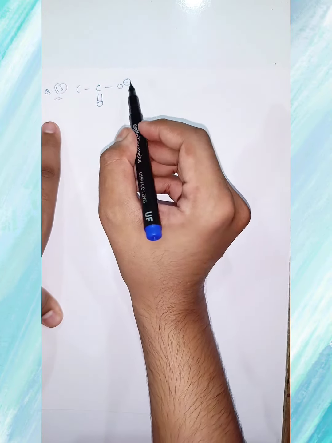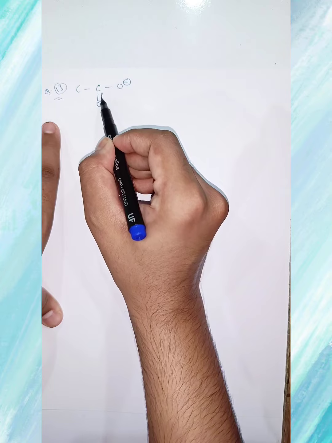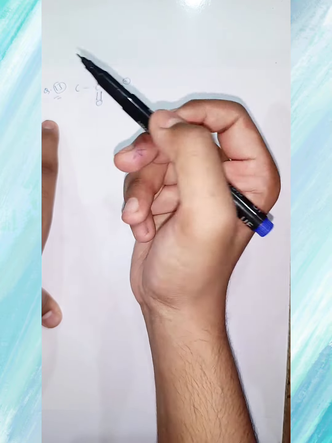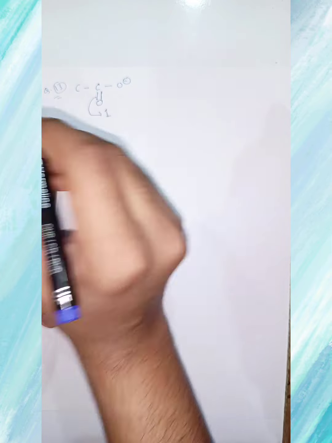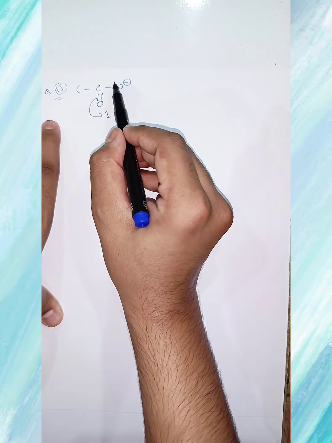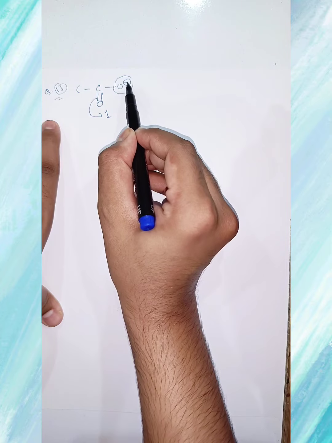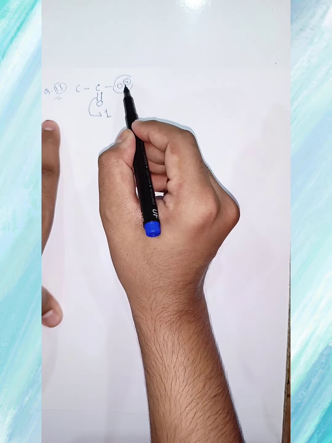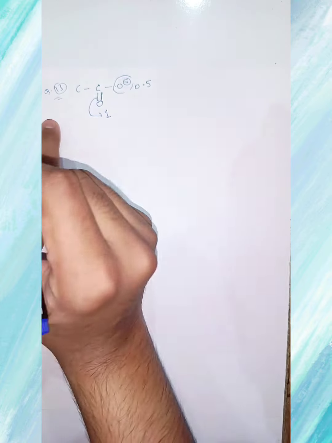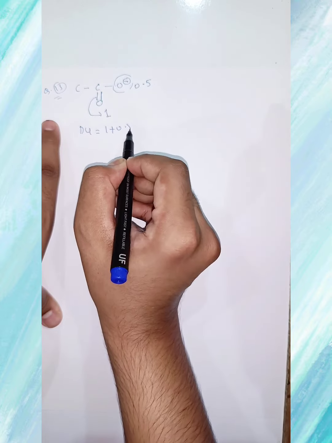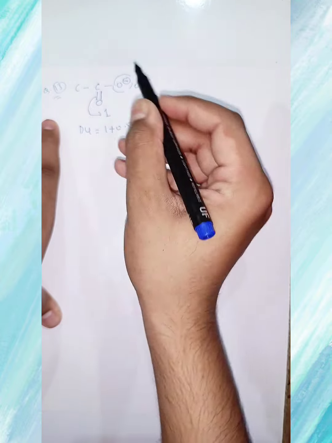I have already told you that a double bond holds a DU of 1. So due to this C double bond O, DU is 1. Now a negative charge is on oxygen. I have already told you, when you see a negative charge on any compound, assign a DU of 0.5 to that compound. 1 plus 0.5 means 1.5. So this is the counting method.